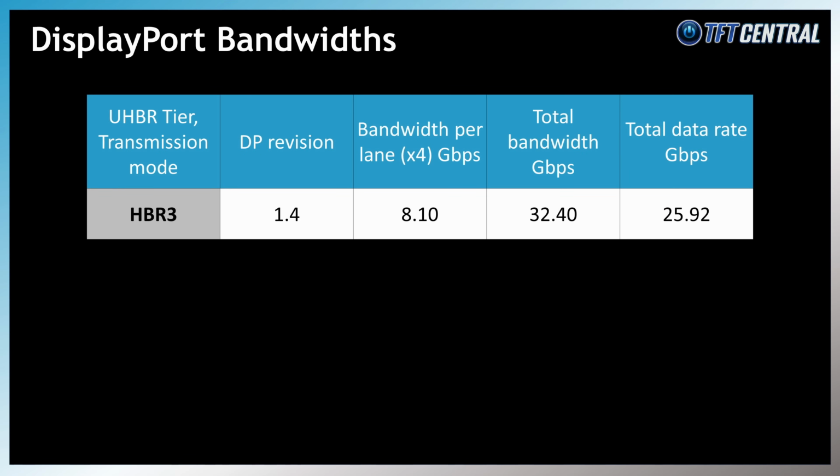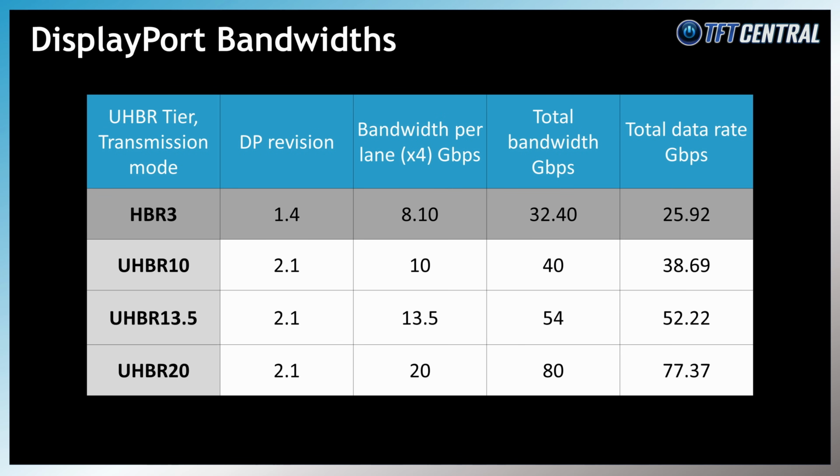as the signal encoding and overheads takes away a chunk of the full bandwidth. The new DP 2.1 connection confusingly has 3 tiers of this new UHBR speeds, which are labelled as UHBR 10, UHBR 13.5 and UHBR 20. You multiply each of these by 4 to calculate the total bandwidth available, although it would probably have been simpler had VESA just called them UHBR 40, 54 and 80 instead.